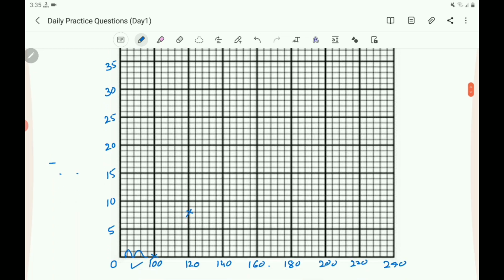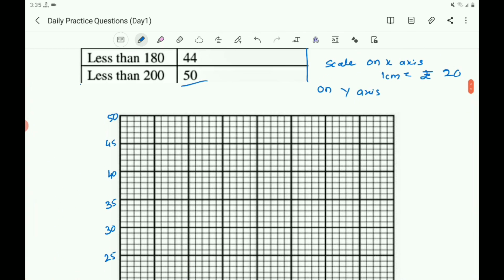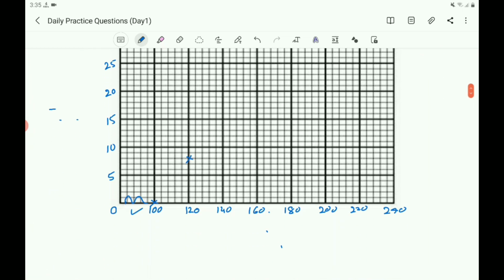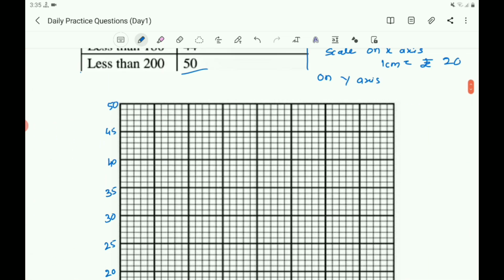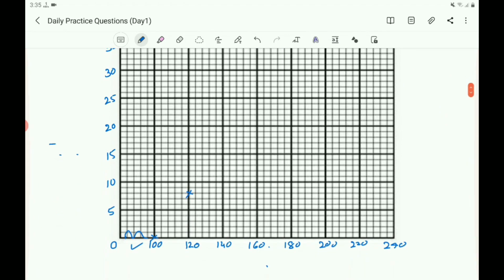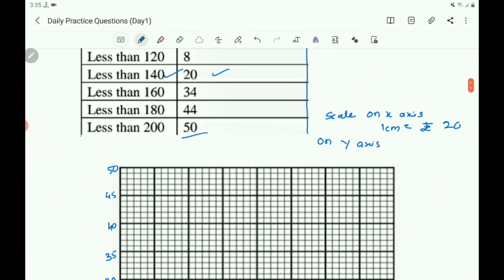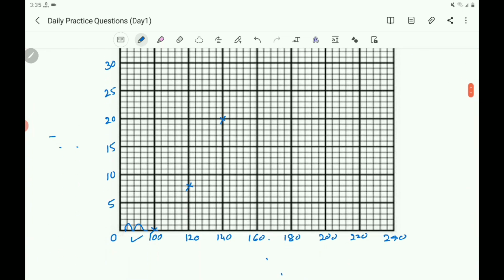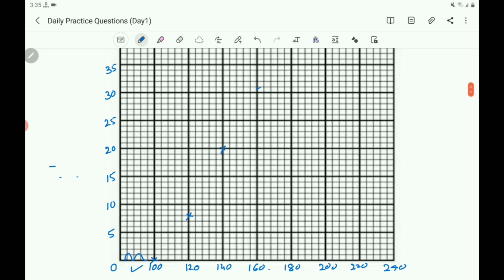Next 140, 20. Then 160, 34. 31, 32, 33, 34. So let us mark 34 here.